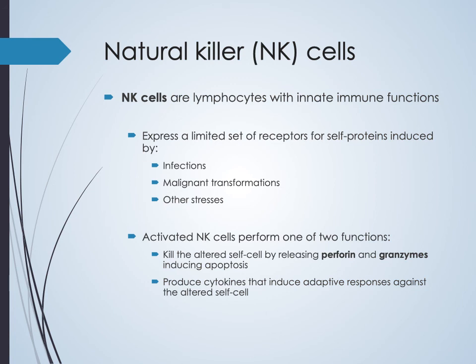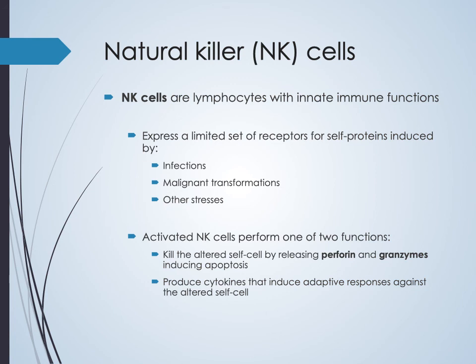Activated natural killer cells can also produce cytokines that actually recruit in the adaptive response to then target these altered self cells. So natural killer cells are widely studied in cancer because they normally take care of altered self, so cancer cells, but cancer cells have a way of tricking them sometimes and not responding.